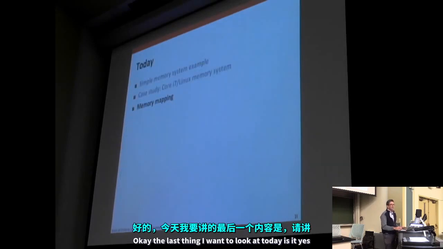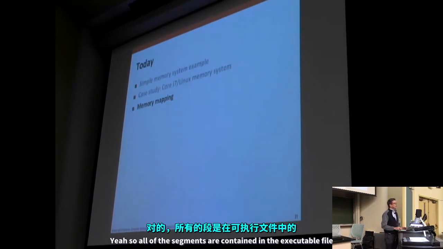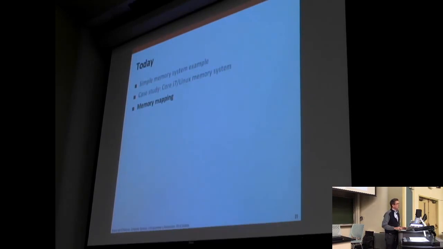Okay, the last thing I want to look at today is... yes? When are the values in the VM area struct populated? Yeah, so all of the segments are contained in the executable file.